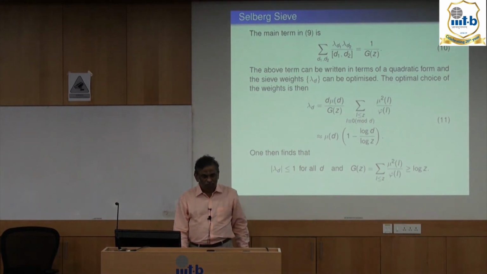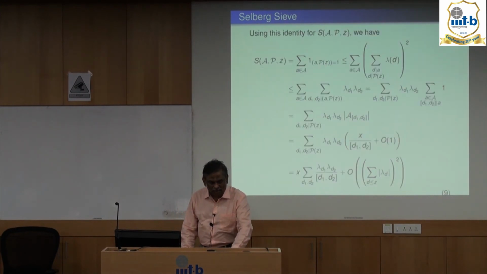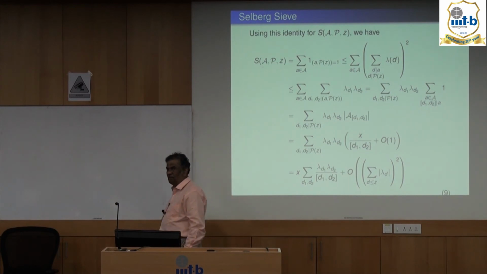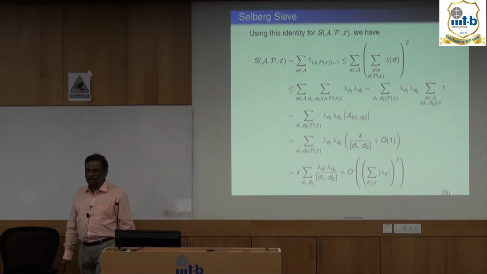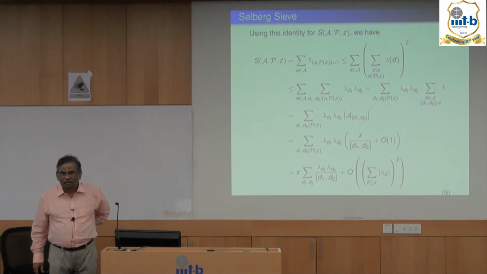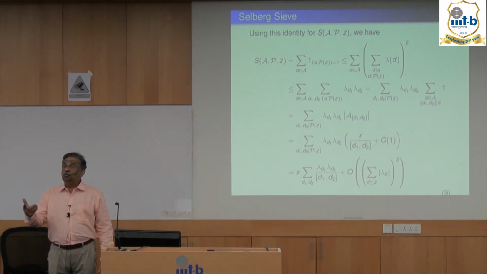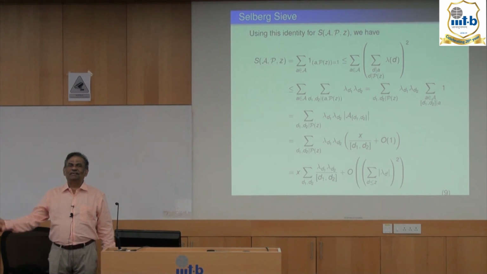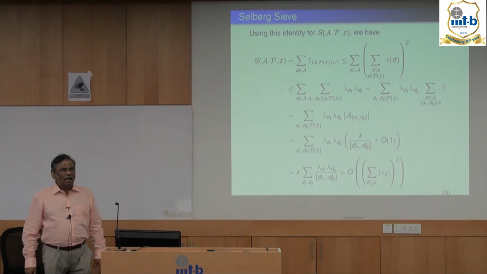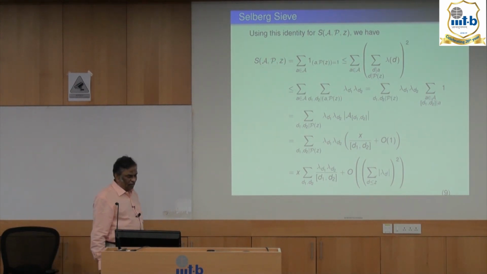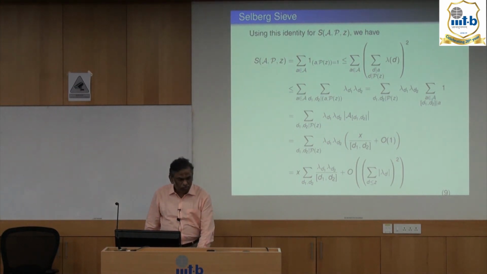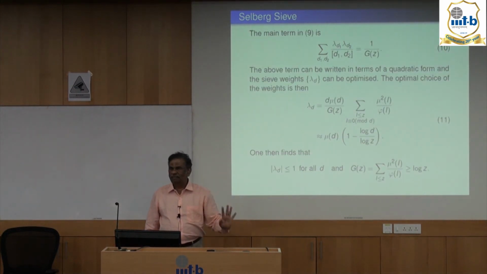The main term is the summation of lambda d1 lambda d2 by the LCM of d1 and d2, and we will assume that the main term will dominate and the error terms will be negligible. Then you choose your lambda d1, lambda d2 in such a way that this main term is optimized. You can do it by Lagrange multipliers, summation of squares, various methods, and he computed what lambda d is.